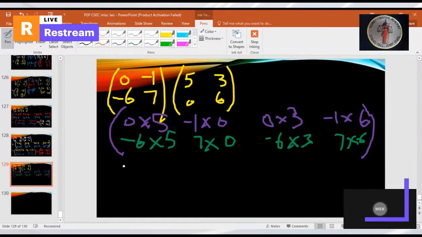So let's see now. So we need a medium size pair of brackets here.